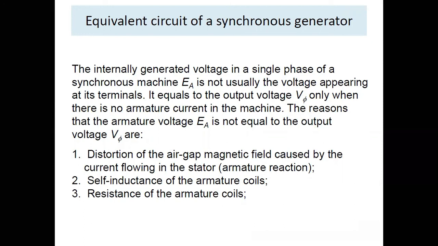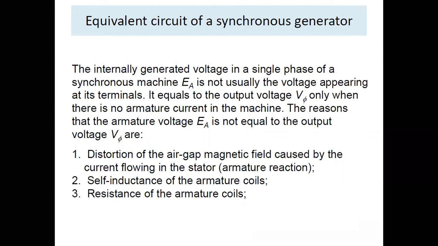When the armature circuit is open, whatever EMF we get is the induced EMF.